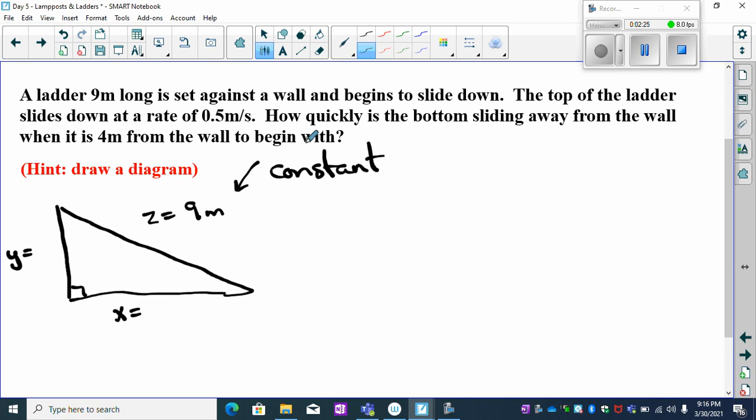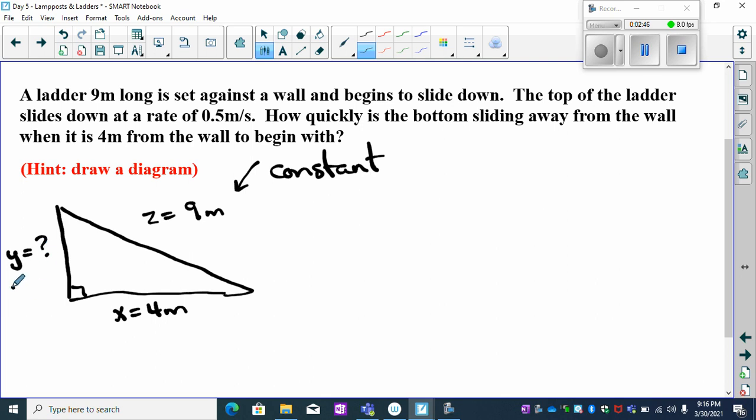Okay? We do know that X in this question, how quickly is the bottom sliding away from the wall when it is 4 meters? So X would be 4. I can find Y using Pythagoras, but that's not what we're actually asked to solve for. I do need to find it.